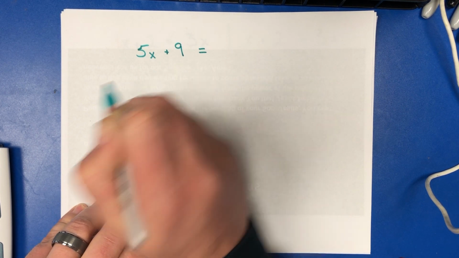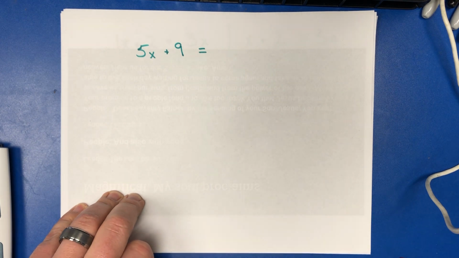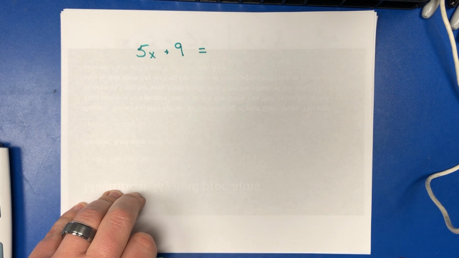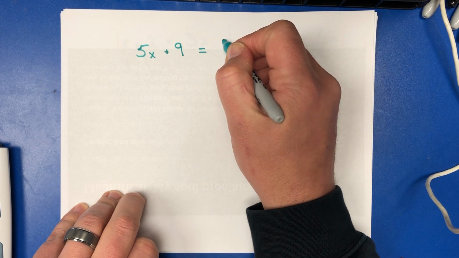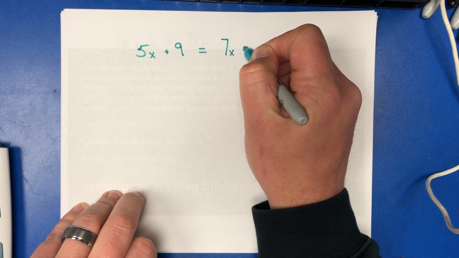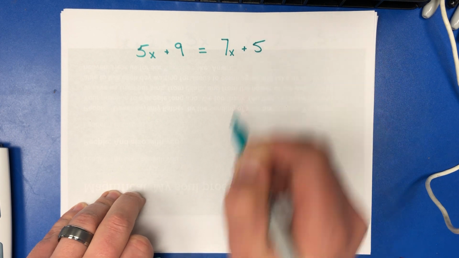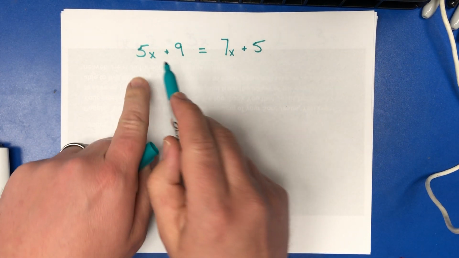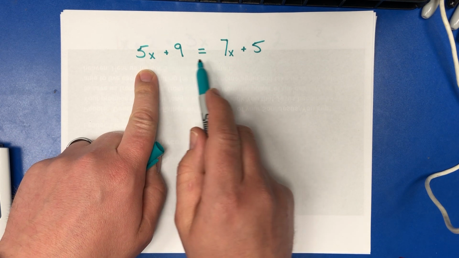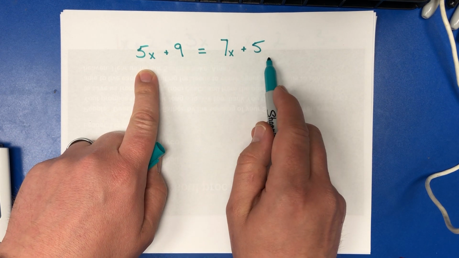Another side, which again, I'm told all sides are equal, the other side is marked as 7 times x plus 5. Okay? So now I have 5x plus 9, which is equal to 7x plus 5.